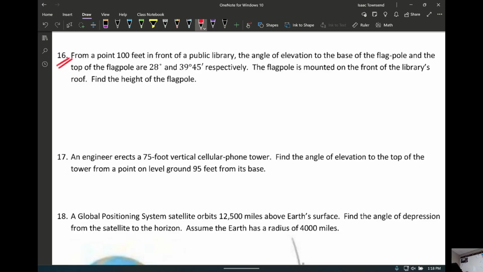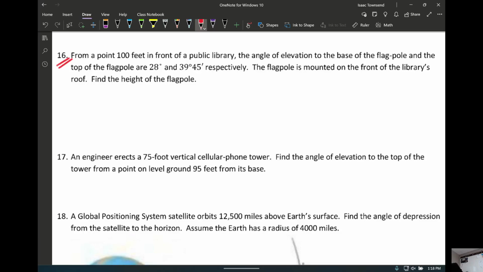So done with that one? I'm a little bit confused. To the top of the flagpole, 28 degrees.